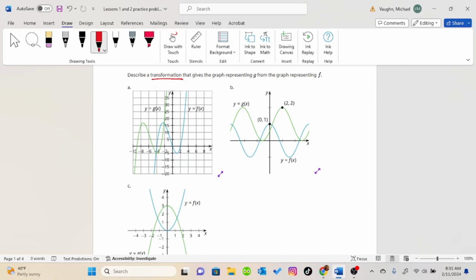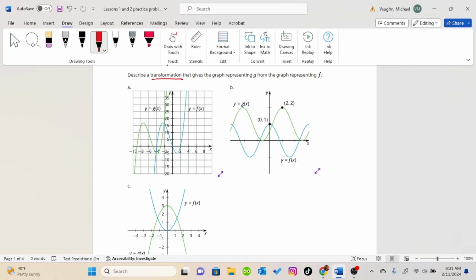So when we look at A, F is this graph on the right. G is the graph on the left. And we can see first off, these shapes seem to be very similar. It looks like all we did was move this graph from the right over to the left some.